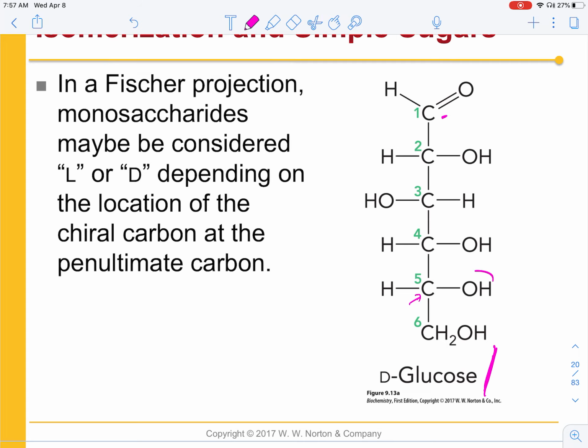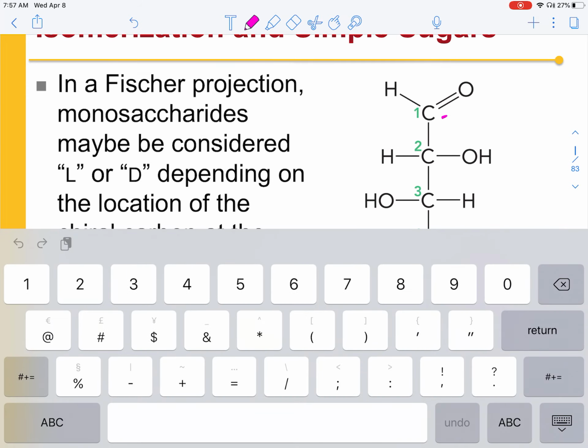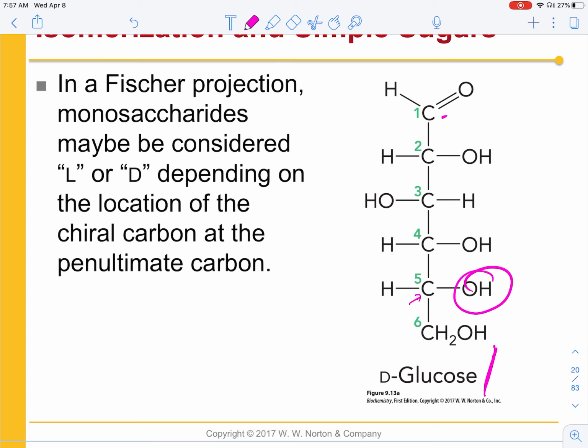And then you look at the position of this hydroxyl, and that will determine whether you're in the L form or the D form. So this is D because here is the carbonyl group. Here is the last chiral carbon. Carbon number six isn't chiral, right? And then the hydroxyl is on the right. So it's going to be in the D form. If this was flipped, it would be the L form.